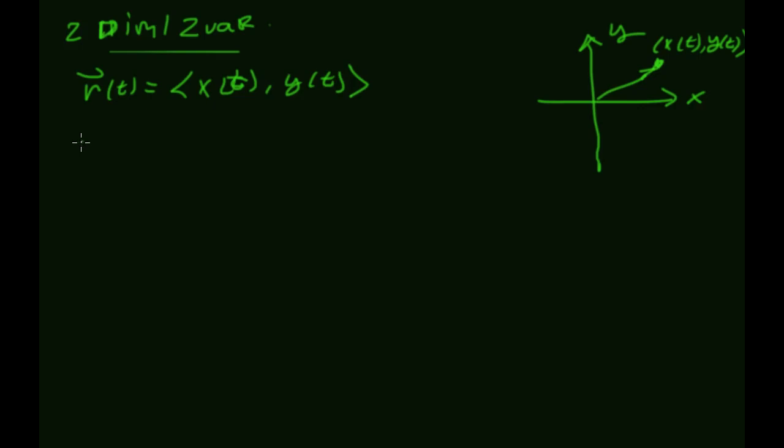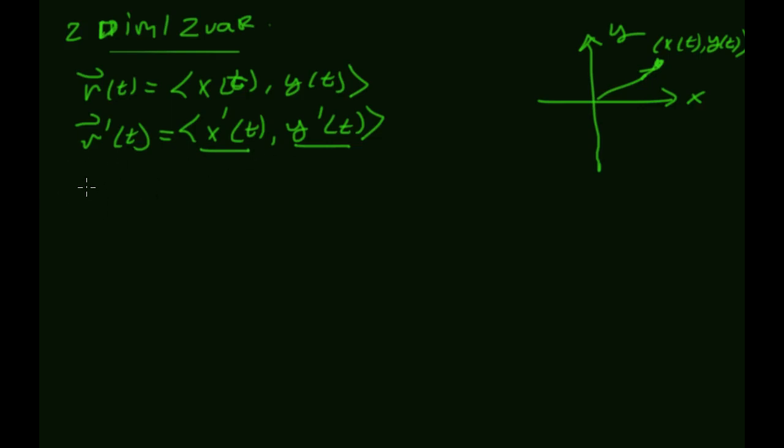If I take the derivative of that position vector, I'm going to get a two-component vector again, and this is the rate of change. It's going to be the rate of change to the right and the rate of change up of this particle.